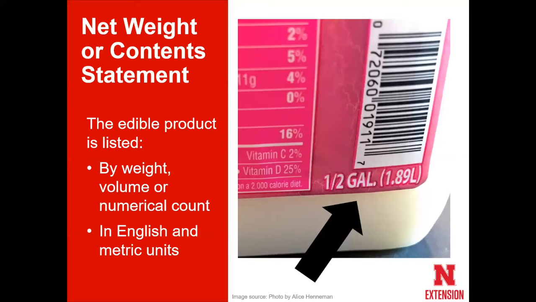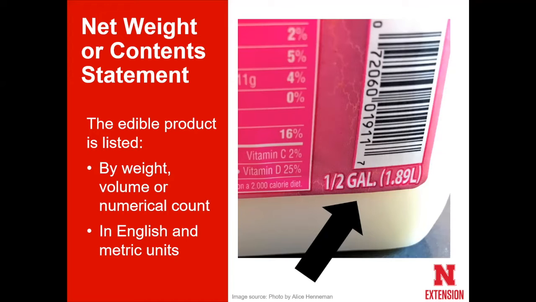Okay, the other item that is required on food labels is a statement of the weight content of the food product. It can be either the weight, the volume, or the numerical count of the food product. The weight statement has to be in the bottom third of a food label, actually the bottom 30% of a food label. So you always want to look at the bottom of the food label to find out the actual content of the foods by weight.